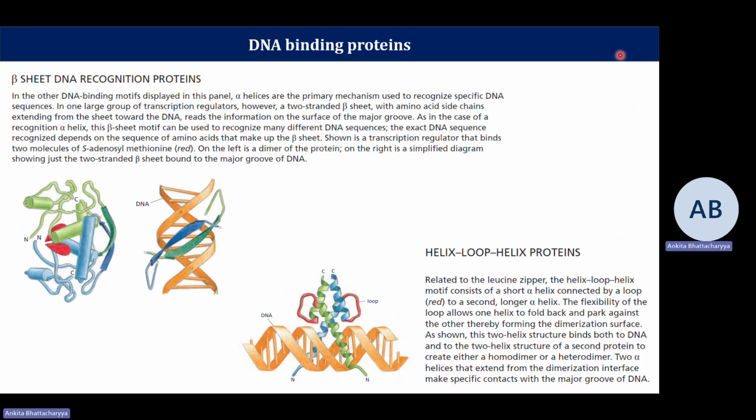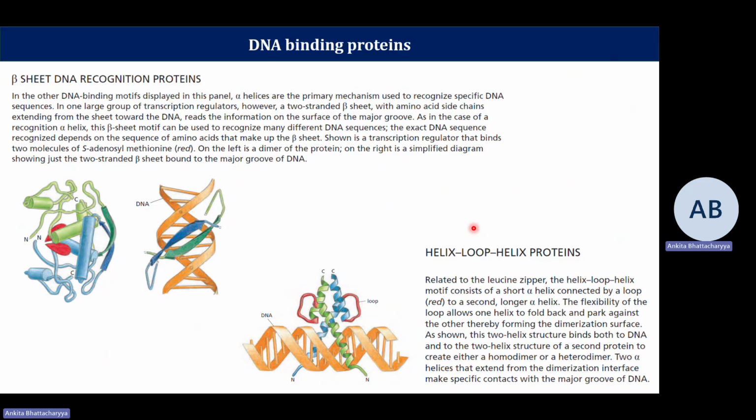In one large group of transcriptional regulators, however, a two-stranded beta sheet with amino acid side chains extending from the sheet towards the DNA reads the information on the surface of the major groove. Much like a recognition alpha helix, this beta sheet motif can also recognize many different DNA sequences. The exact one that gets recognized depends on which amino acid sequence is forming the beta sheet.